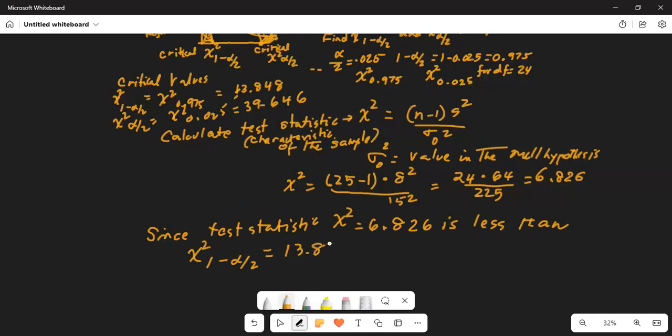That is, it's on the left of 13.848 on the horizontal axis. Decision, it falls in the rejection region. Decision is reject H0. Okay, so decision is reject H0.